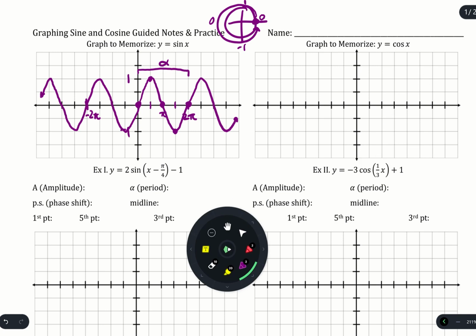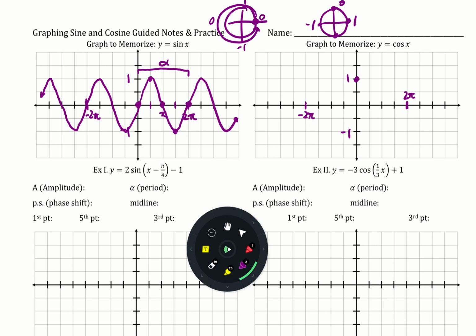Then we have cosine. So again, thinking about the unit circle, one full cycle is going to start at 0 and end at 2 pi. I'll go ahead and mark -2 pi here. Now cosine is the x coordinate, right? So on the unit circle, the x coordinate starts at 1. Then the x coordinate is 0, x coordinate of -1, x coordinate of 0, all the way back to 1. I know it's confusing because I'm talking about the unit circle.